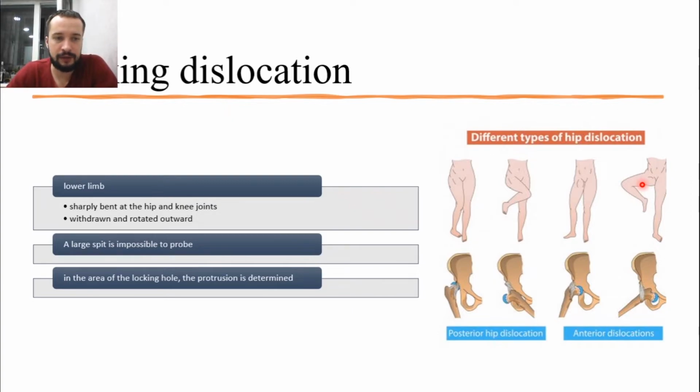We can find the greater trochanter in the area of the obturator foramen.